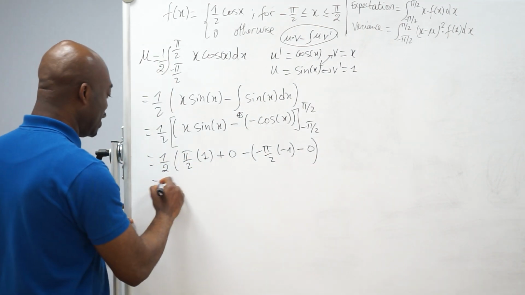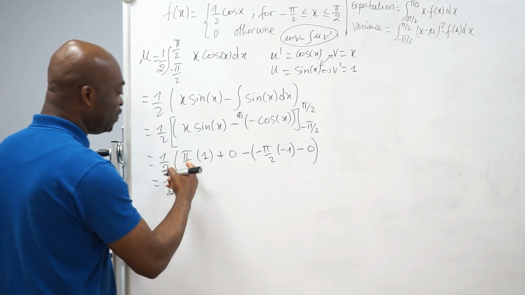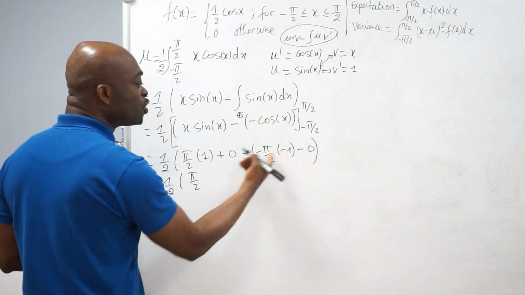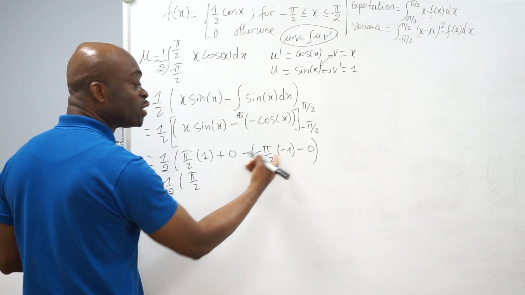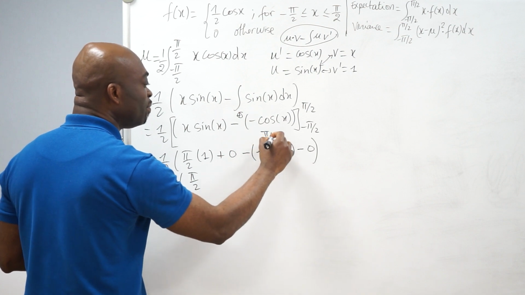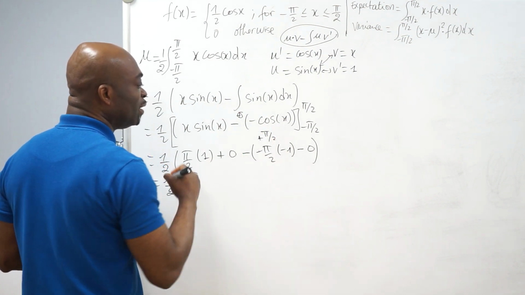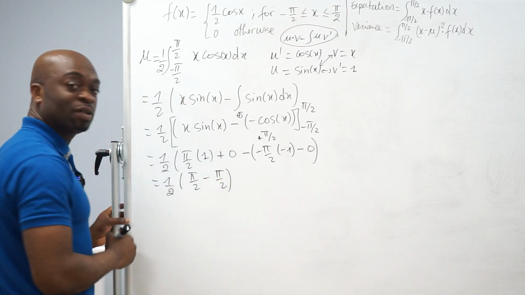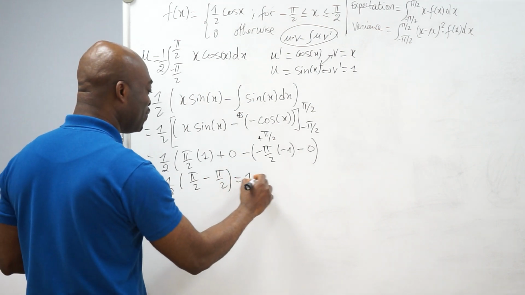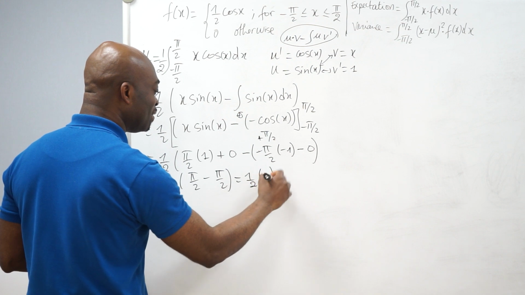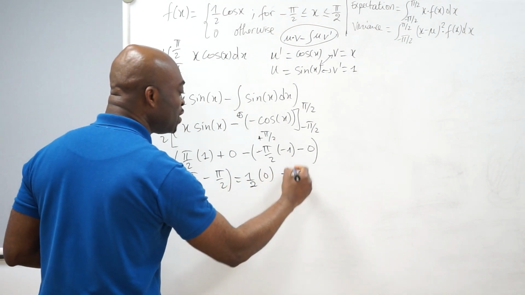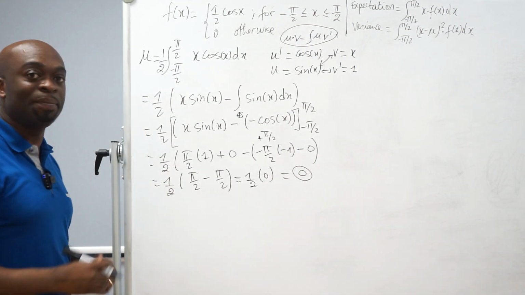So we end up with a half times pi over 2. When we multiply these two, that gives positive pi over 2, and then the negative, we make it negative pi over 2. So this is a half times 0, because these two cancel, so you end up with 0 for the mean.